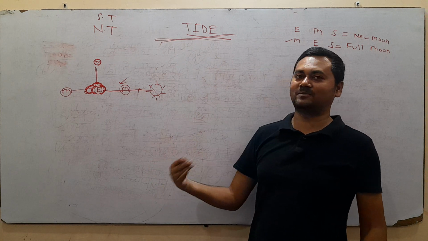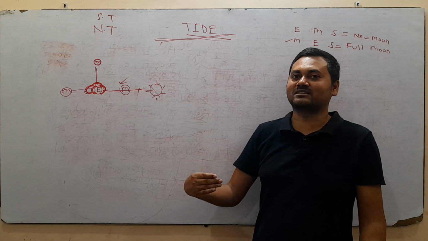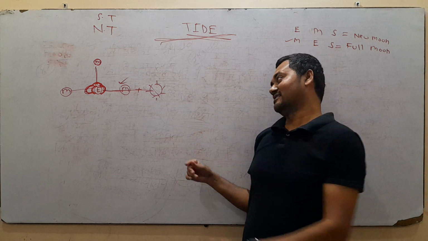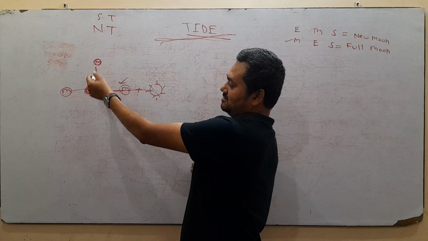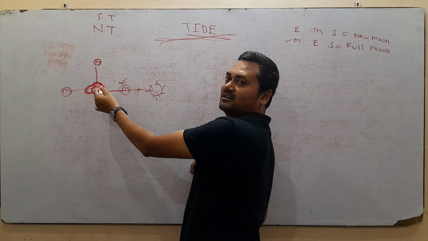Look, this is the matter of little bit thought. It involves the thought process. You have to simply think that when the moon was there, at that time the bulging was created here.